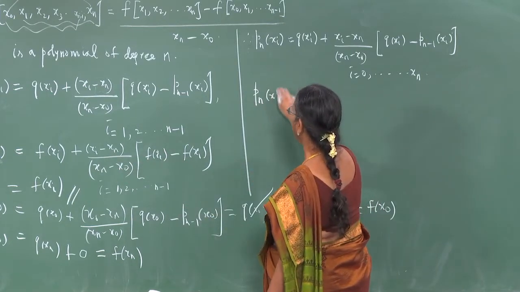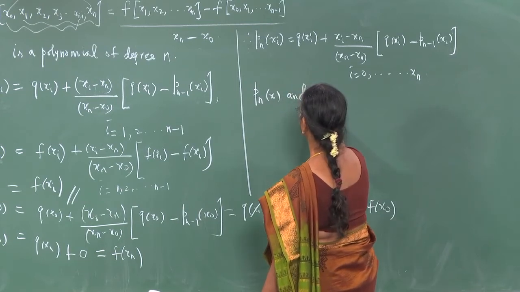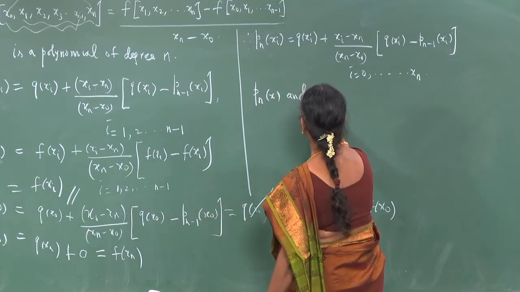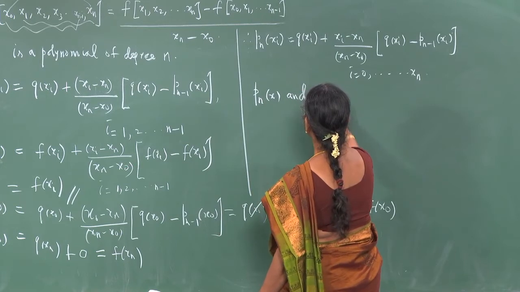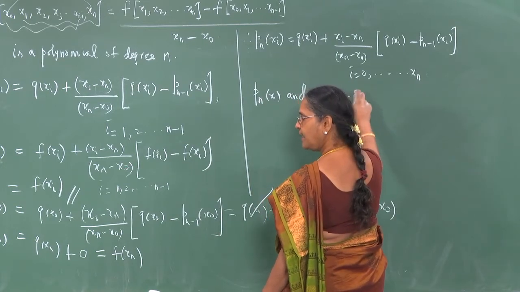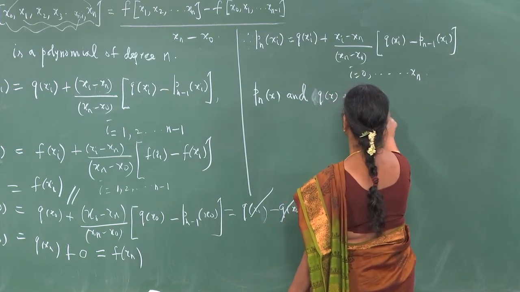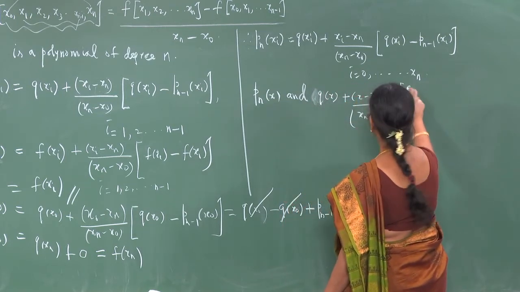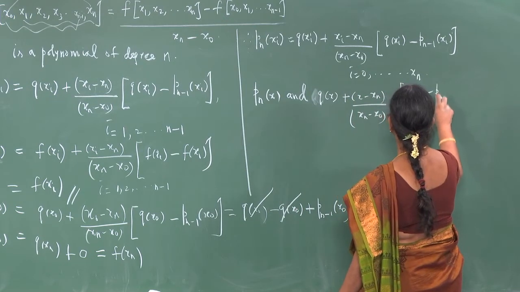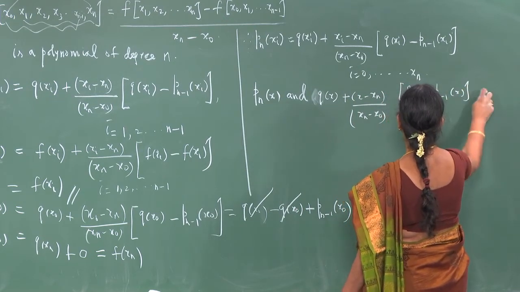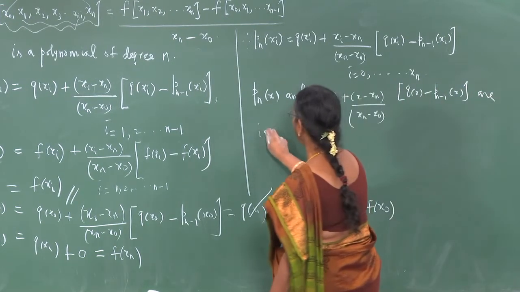So, Pn of x and the right hand side, namely q of x plus (x minus xn) by (xn minus x0) into (q of x minus Pn minus 1 of x), are identical polynomials.